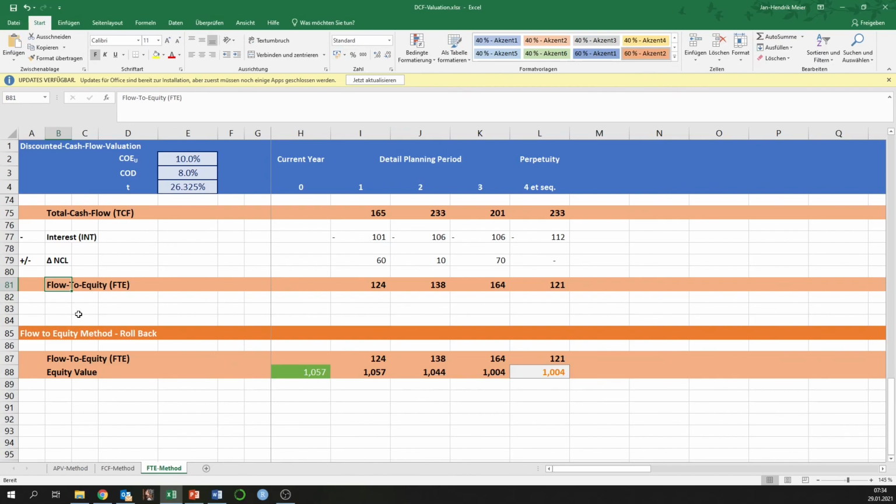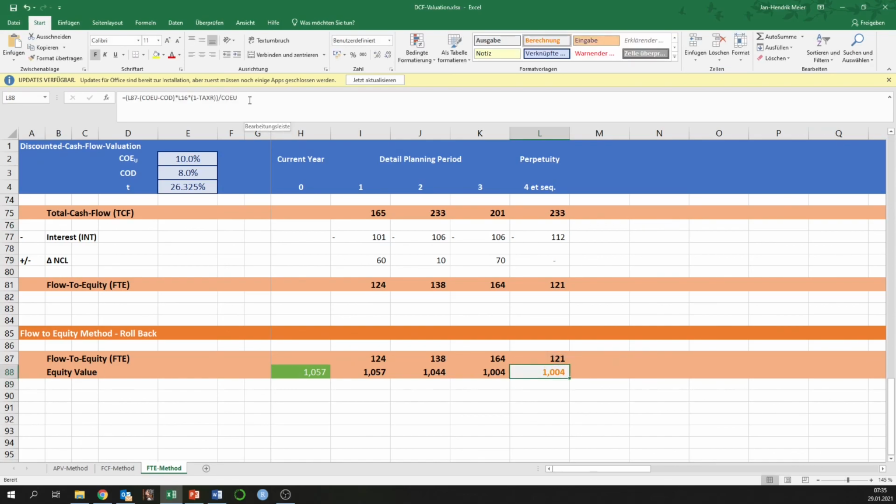If we now want to apply the rollback method of the flow to equity method, we start with the perpetuity here. And this is the perpetuity formula that was derived in the PowerPoint slides, applied to 121, which is the flow to equity.